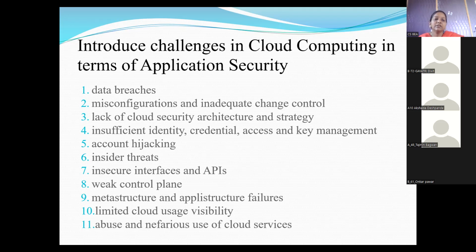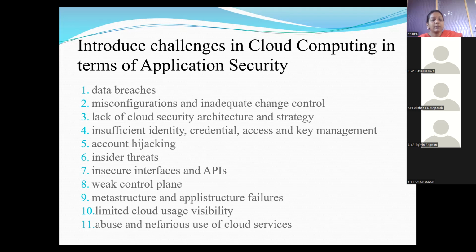Then second is the misconfiguration and inadequate change control. So when the assets are set up incorrectly, they are vulnerable to attack.